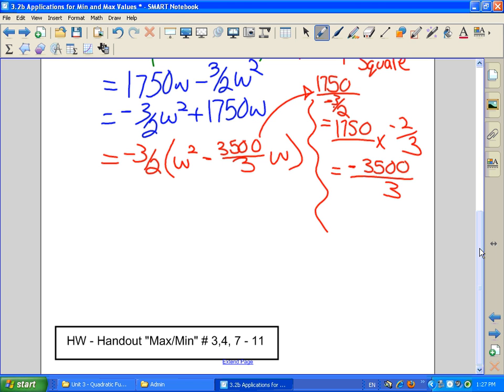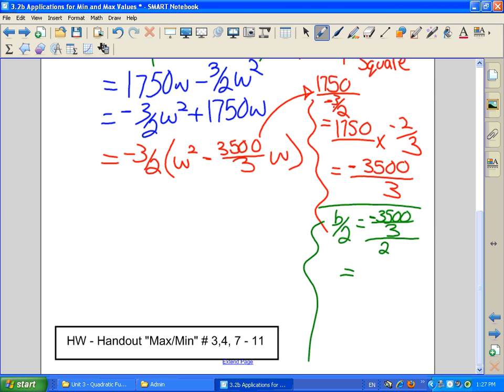Now we're going to take a look at doing our B divided by 2, and this is a tricky one in this case as well. So let's take a look. B in this case is negative 3,500 thirds, and then we're going to divide that by 2, which is really 2 over 1.